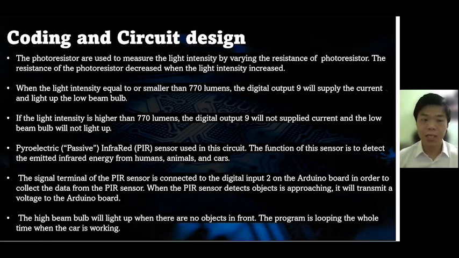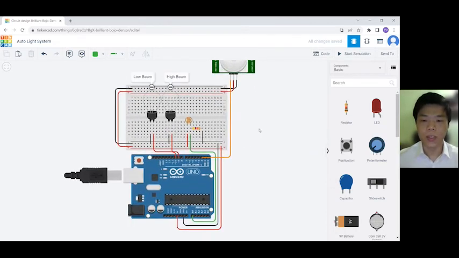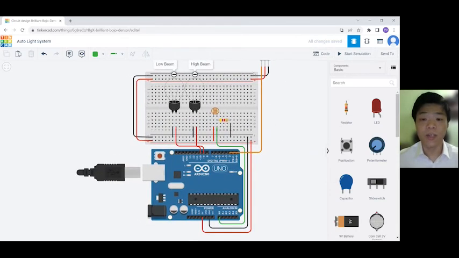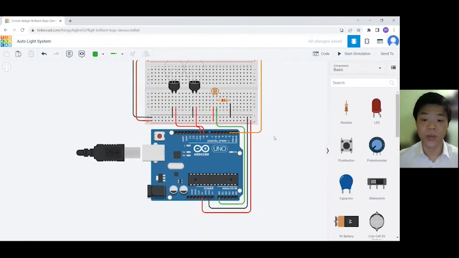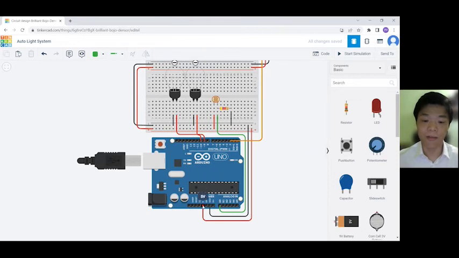Let us see the simulation in Tinkercad. This is the circuit of our auto light system. All of the rows labeled with a negative sign are connected to the ground GND of the Arduino Uno board, and all of the rows labeled with a positive sign are connected to the 5-volt power supply of the Arduino Uno board.